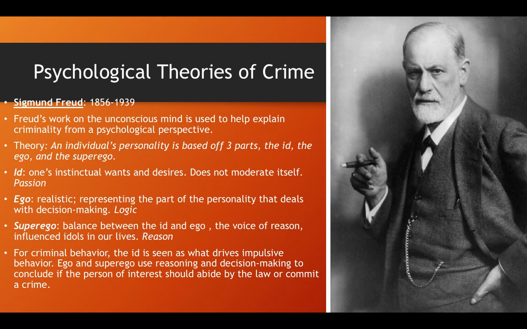Given that many crimes are committed in the heat of the moment or are acts of opportunity, which we'll also discuss later on, they would be considered to be driven by what he called the id. While the ego is a side of the personality that would encourage law-abiding behavior, with the superego being the calculating rational thinker, that rational choice that we discussed earlier, which would lead one to make engaged decisions about whether to commit a crime or not.